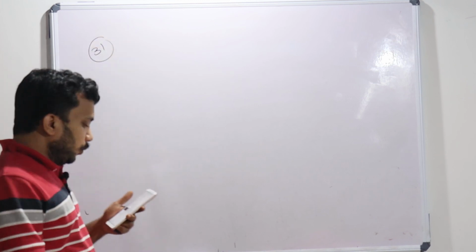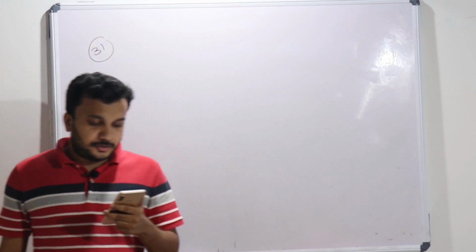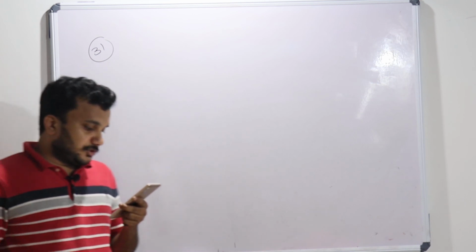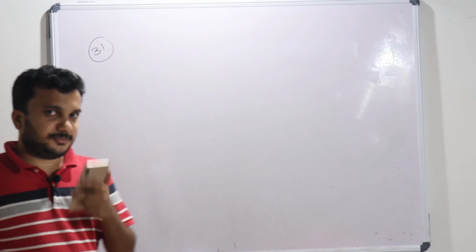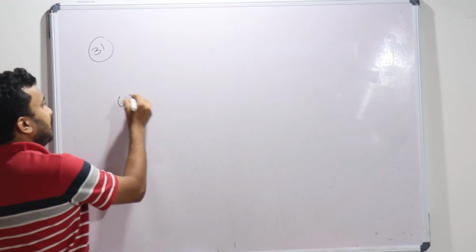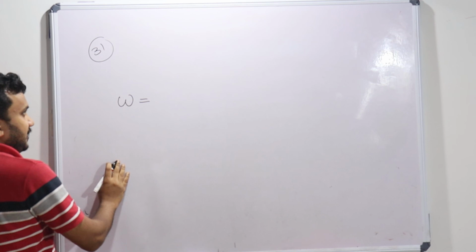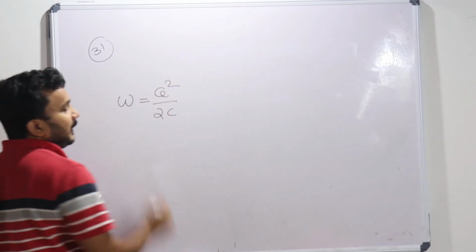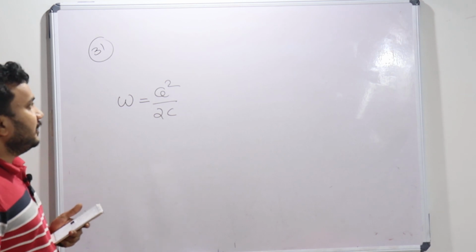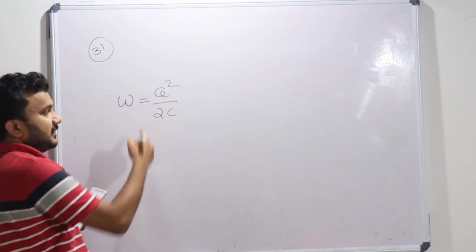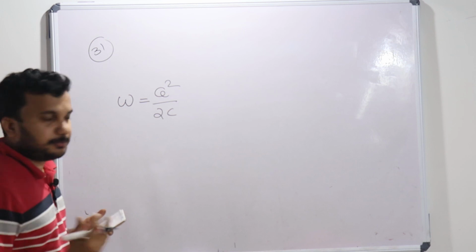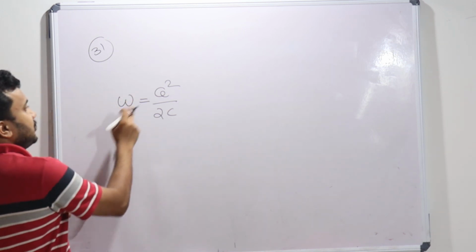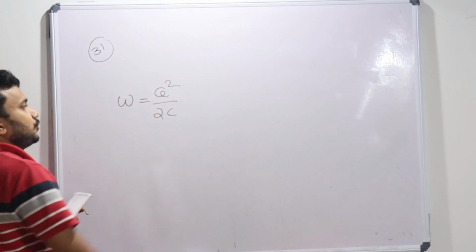Question number 31. If Q denotes the charge on the plates of the capacitor, and C the capacitance, find the dimension formula. This I already told in the morning. W will be equal to Q square by 2C, the formula for energy. I wrote Q square by C, but the original formula for work, also called energy, with charge and capacitance is Q square by 2C.